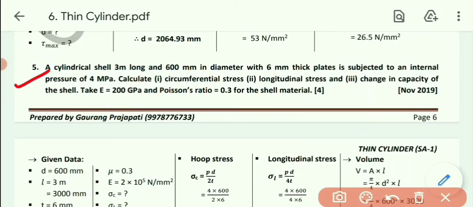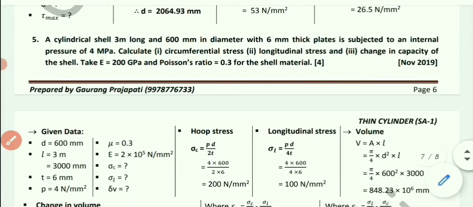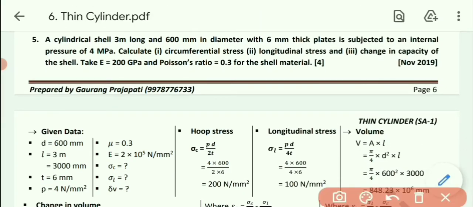Example number 5. A cylindrical shell 3 meter long, 600 mm diameter with 6 mm thick plate is subjected to an internal pressure of 4 MPa. So first of all let's write down the data. Length is 3 meter, so let's convert it into mm, so ultimately it will be 3000 mm.